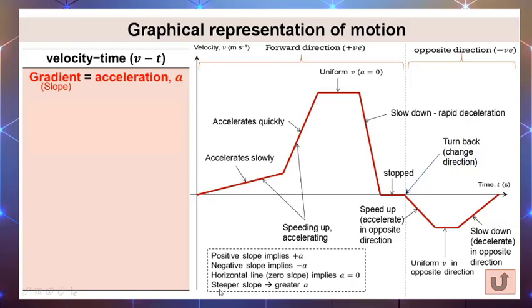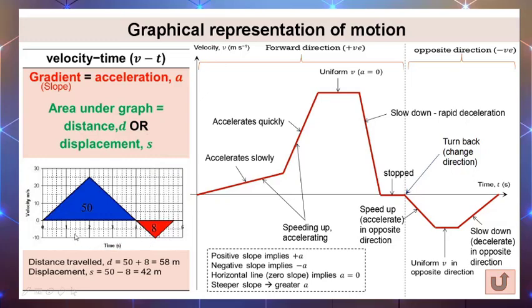And as you know, a steeper slope means greater acceleration. Another piece of information we can get from the graph is distance or displacement. We can get it from the area under the graph. We can calculate the area under the graph for the distance traveled and also the displacement.